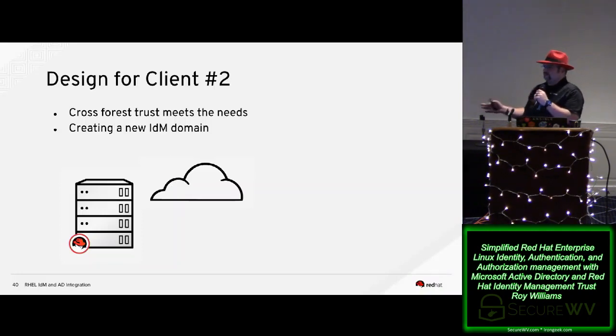There's some other things we can do here, where we can migrate some of the systems over time as they start doing some rip and rebuild, putting newer systems in. We can migrate those over to the new domain to get all of the features. But due to the size of the environment and the fact that they're still growing, an IdM solution with a trust would be more appropriate here.